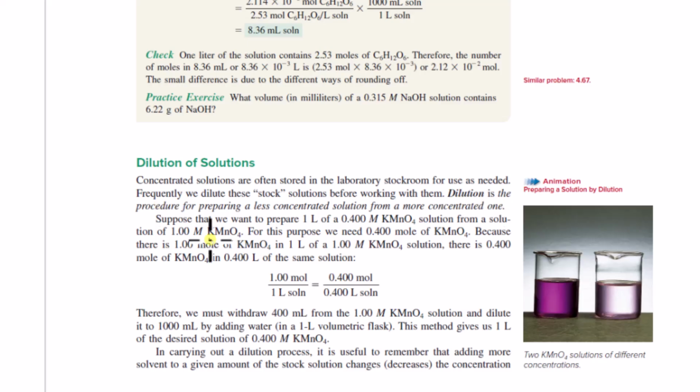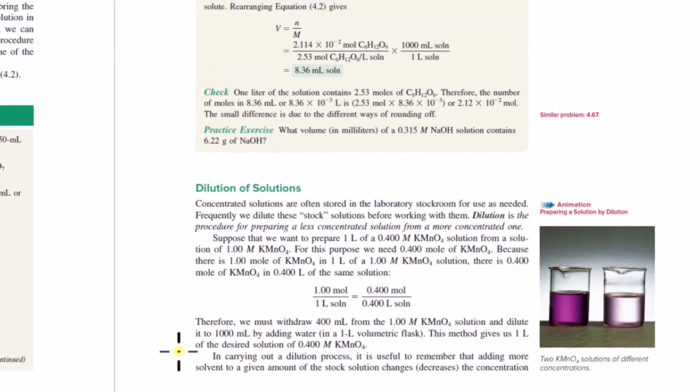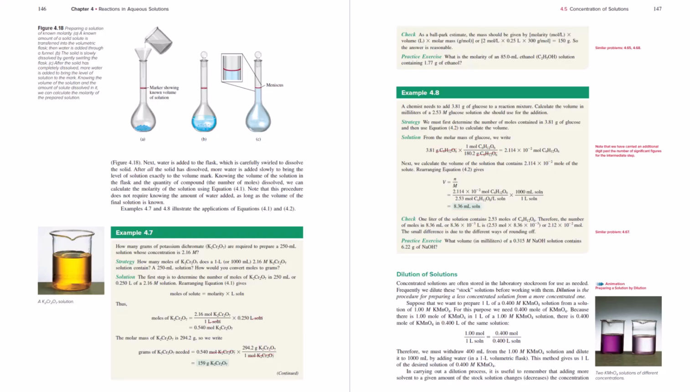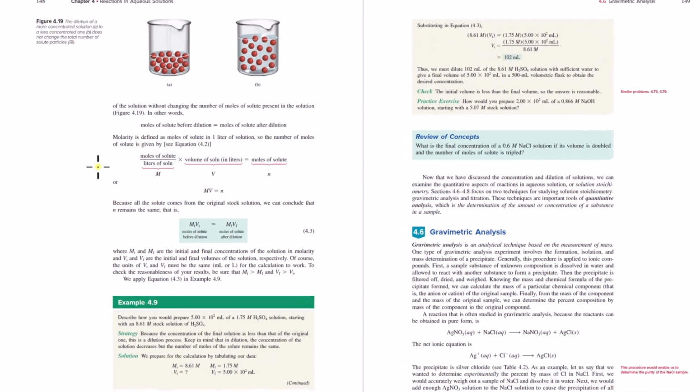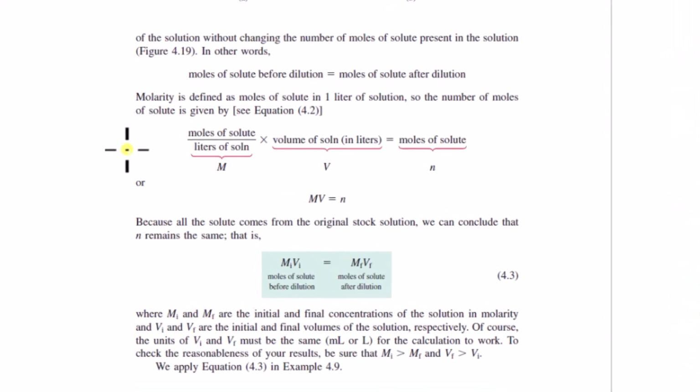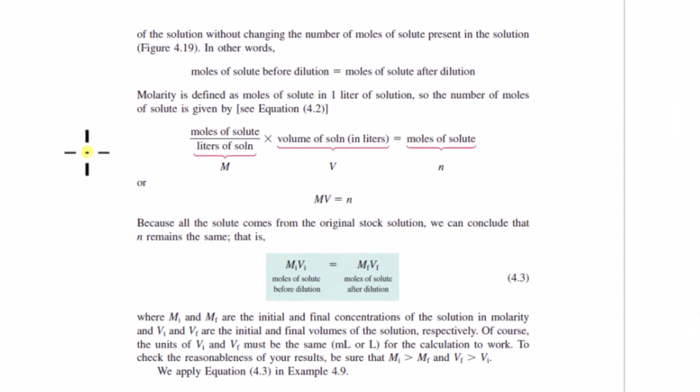So dilution is the procedure for preparing a less concentrated solution from a more concentrated one. And the idea of how you do this, it goes through an example here, but I think it's easier just to come to the final formula. So the whole idea is that you're going to know what concentration of solution you're wanting to obtain, right?